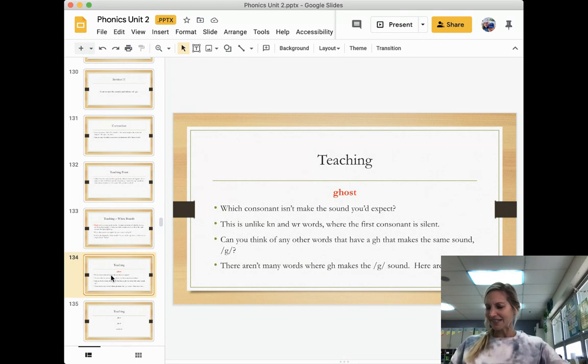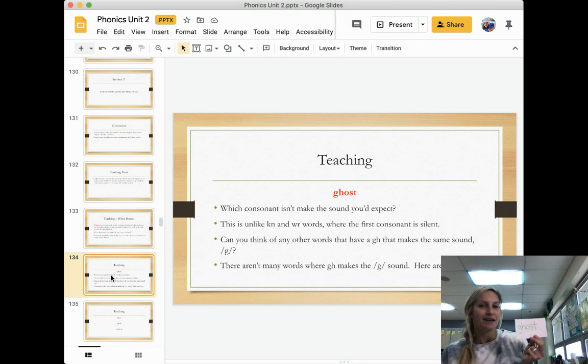Now, let's think about the word next that was ghost. If you saw that GH pattern, what sound did that GH make? It was kind of a G sound, right? So can you think of any other words that just make a G sound that have a GH to them? Think for a second.